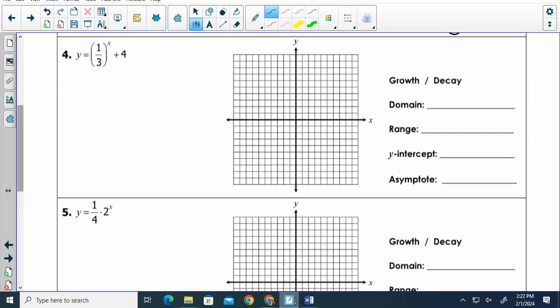But let's use Desmos and see if we can get an idea of what the graph looks like. So we have 1/3 to the x plus 4.